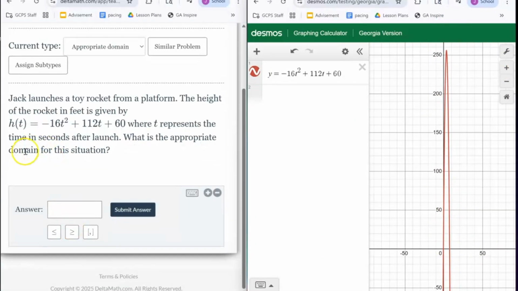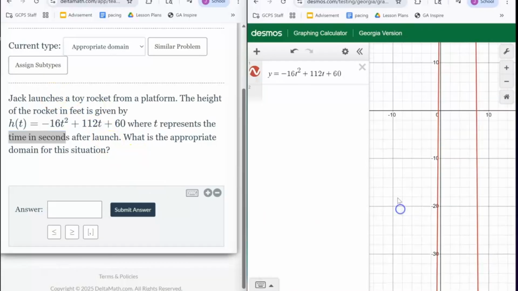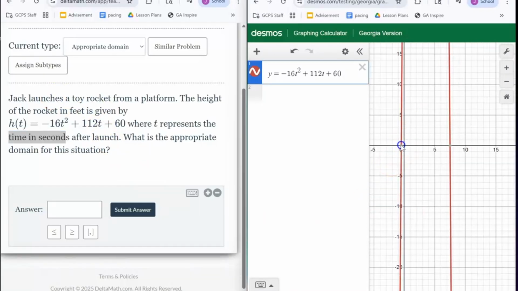All right, so the appropriate domain. Because the domain is x-axis left to right, and this is a real world situation, in other words, a context problem, I'm going to have to look at what x means. So this is the time in seconds, which means I'm only going to look at the x-axis. And I cannot start from negative 0.5 because I can't have negative 0.5 seconds.